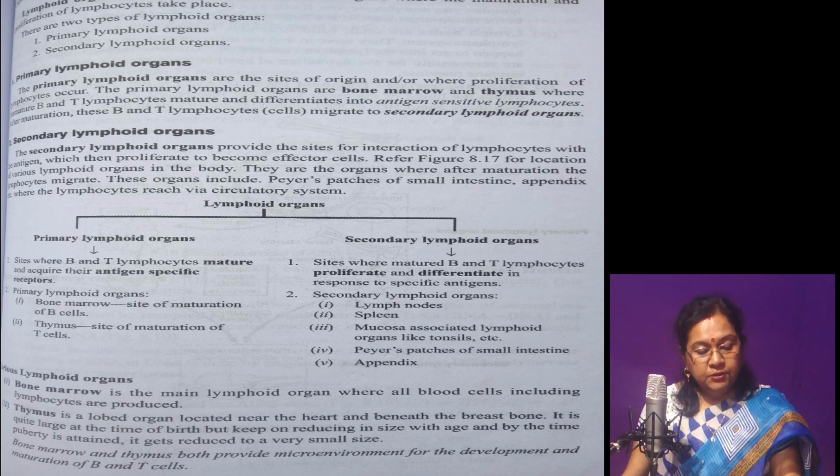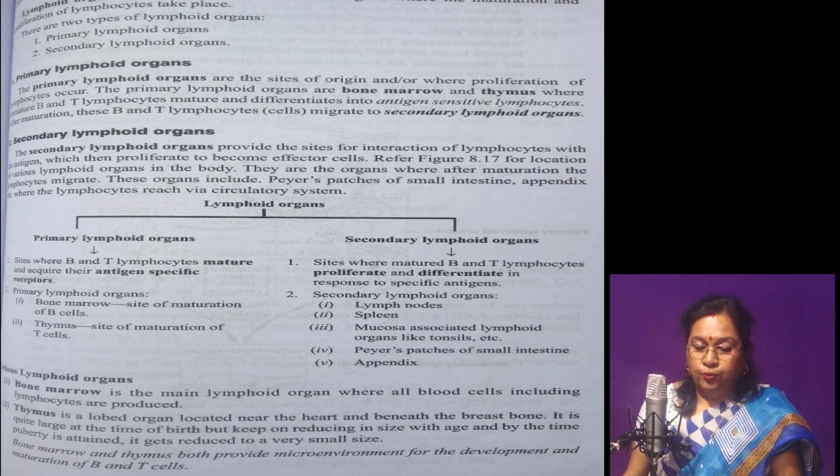Primary lymphoid organs are where the lymphocytes originate and mature to become antigen sensitive. For example, bone marrow and thymus glands are the primary lymphoid organs.